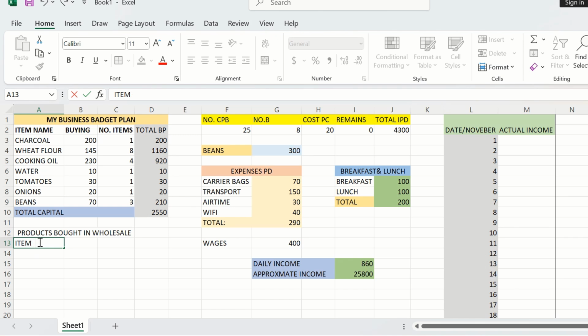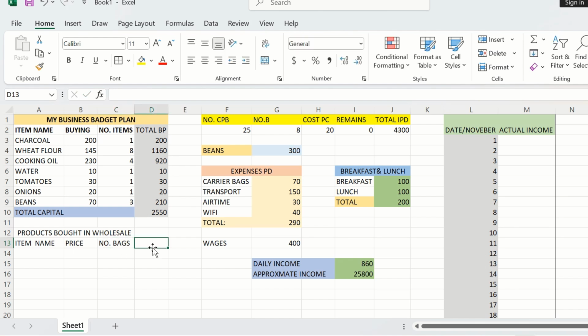So item name, then price per item, number of bags, and then cost per item.